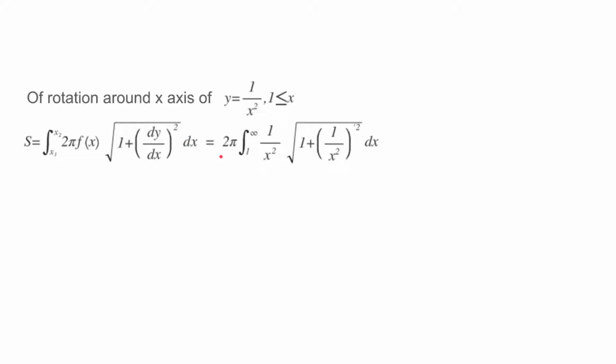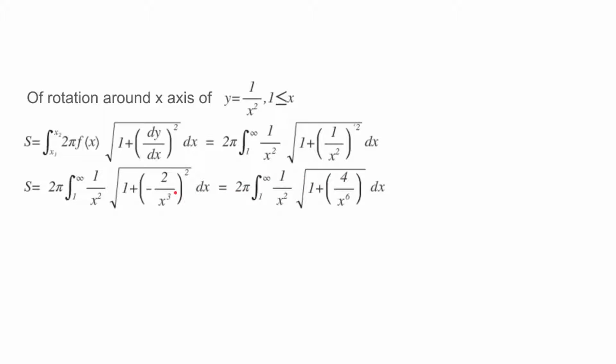After we put in the numbers we have right now, the formula becomes 2 pi integral from 1 to infinity of 1 over x squared times the square root of 1 plus the derivative of 1 over x squared, squared, dx. Next step, we solve the derivative of 1 over x squared, and here is how to solve it.